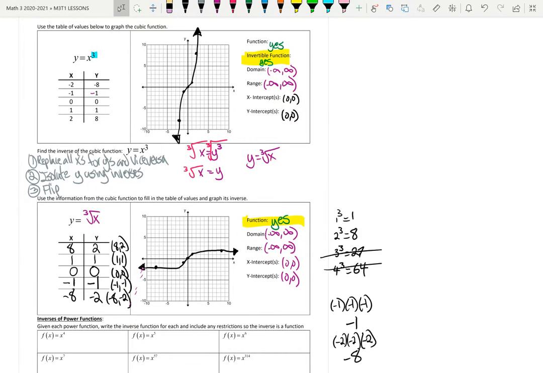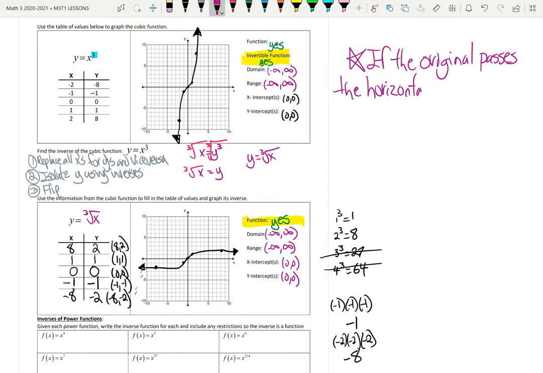Notice this main idea, and I'm going to write it over here on the side. The idea is if the original passes the horizontal line test, what this means is that it is going to be called invertible.